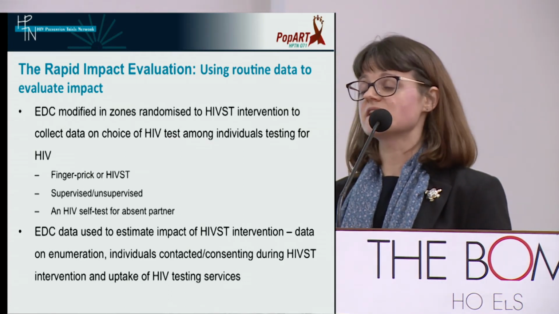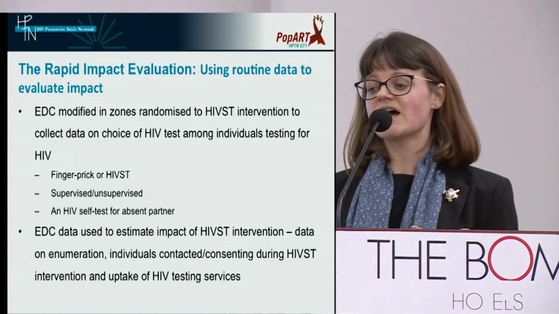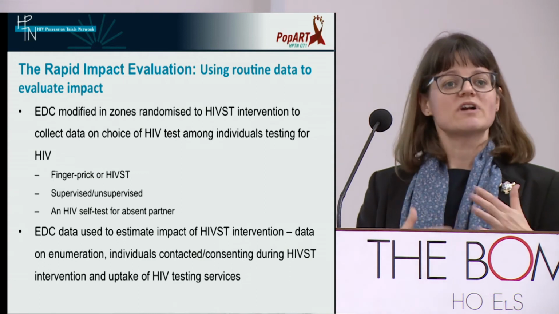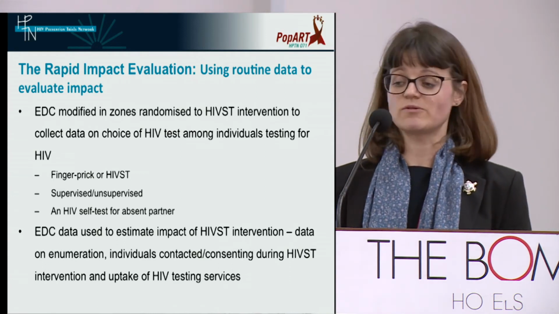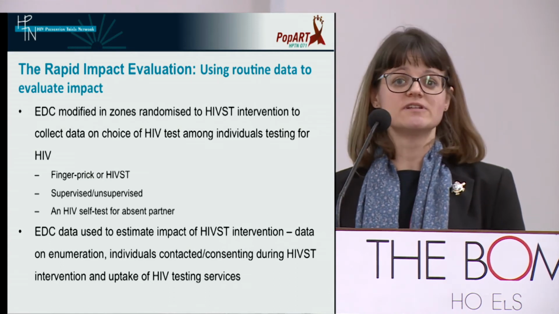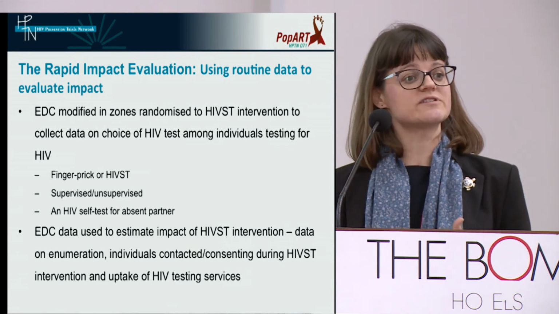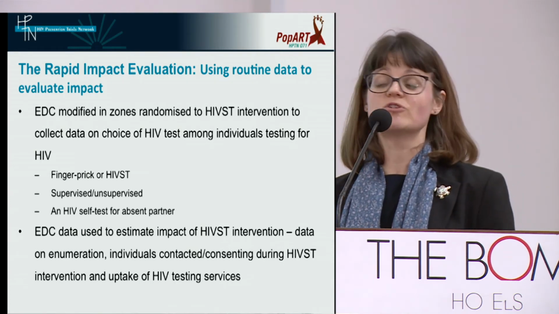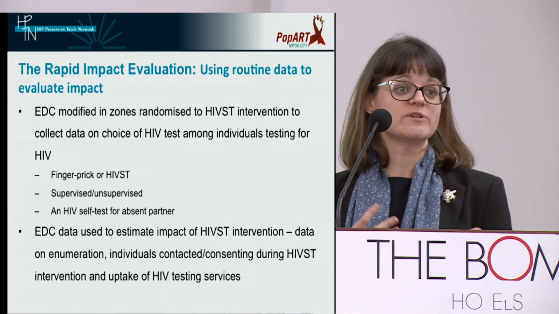So it allows them to collect data on whether the individuals opted for self-testing, and if they have, what kind of testing they've opted for, whether it was supervised or unsupervised, and so on. It also allows the CHIP to record whether someone took an HIV self-test for their absent partner, and whether that self-test was ultimately used, because the CHIP will go back to the households where they left a self-test kit to follow up on what happened with that test kit.